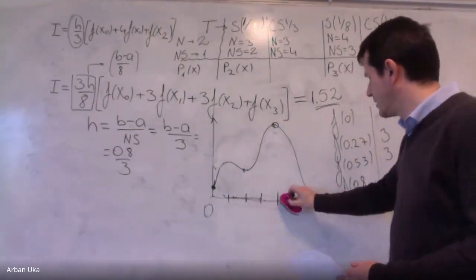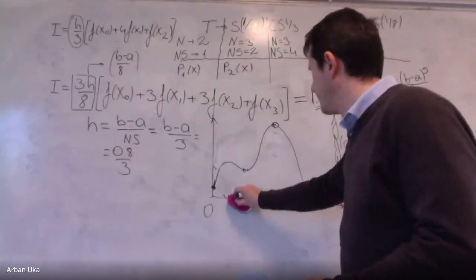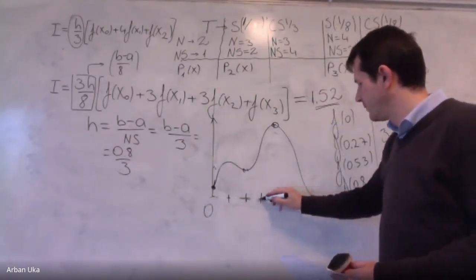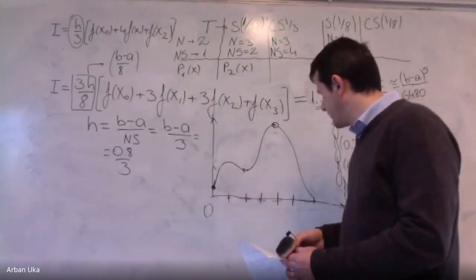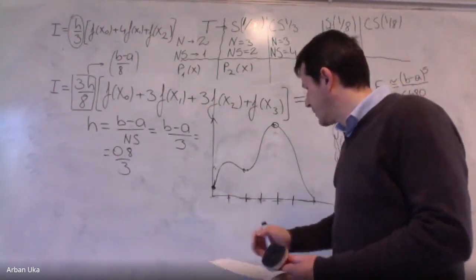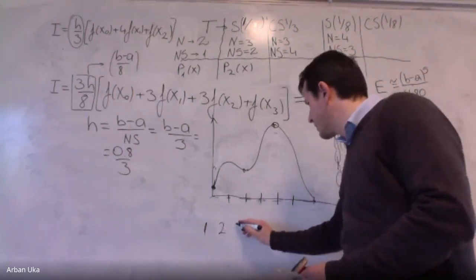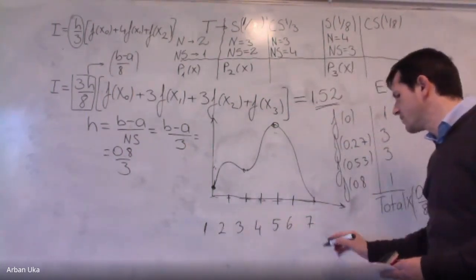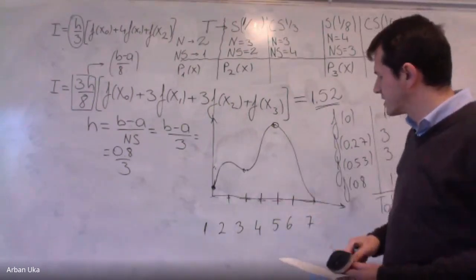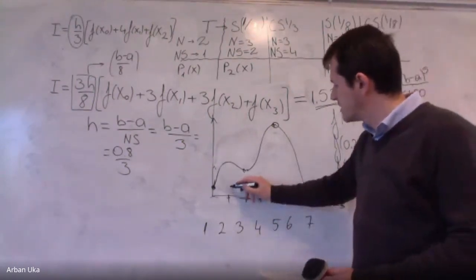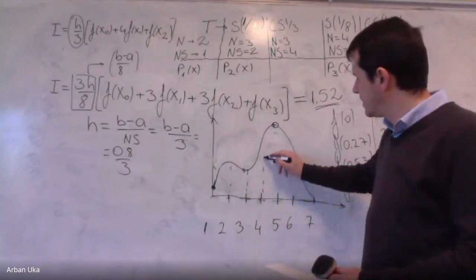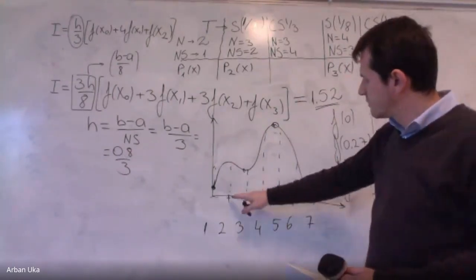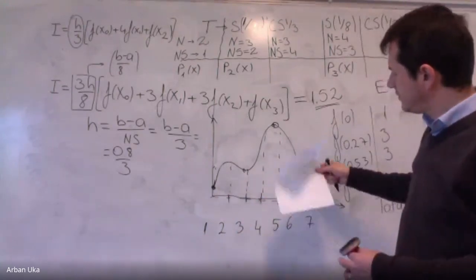So this is just for the reference, okay? I'm going to write them down. The first point, second, third, fourth, fifth, sixth, seventh. So this ensures us that we have 6 segments in between, and with these 6 segments, we pick up the first 3 segments, which are from here to here.